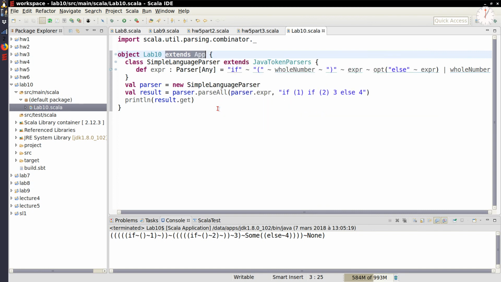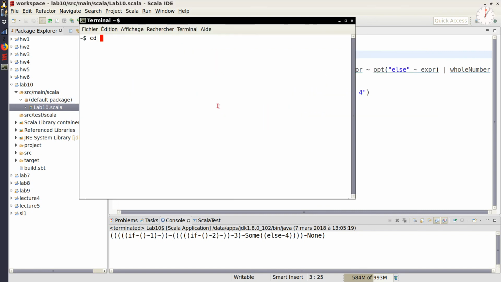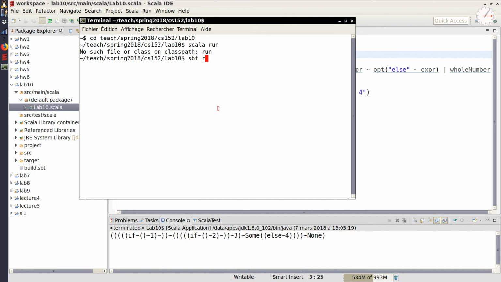Yeah, so you go to the terminal, go to the directory, this is lab 10, and just do Scala run. No, sbt run, just sbt run.